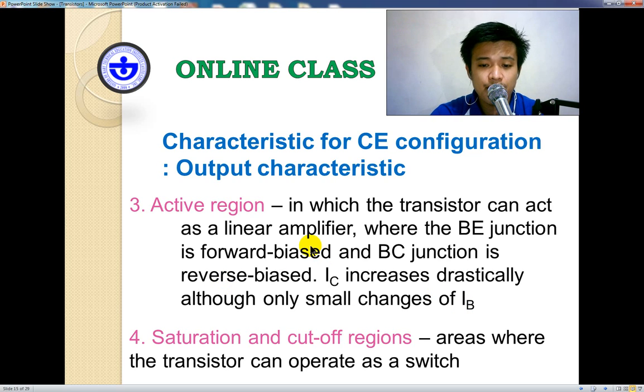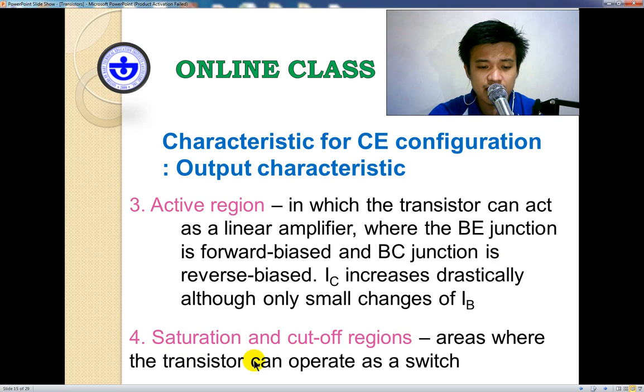Though you only provide a small amount of current on the base, what will go to your collector is a lot higher. So there is a multiplication of the amount of current. In that case, your transistor acts as an active device, performing its amplifier principle.